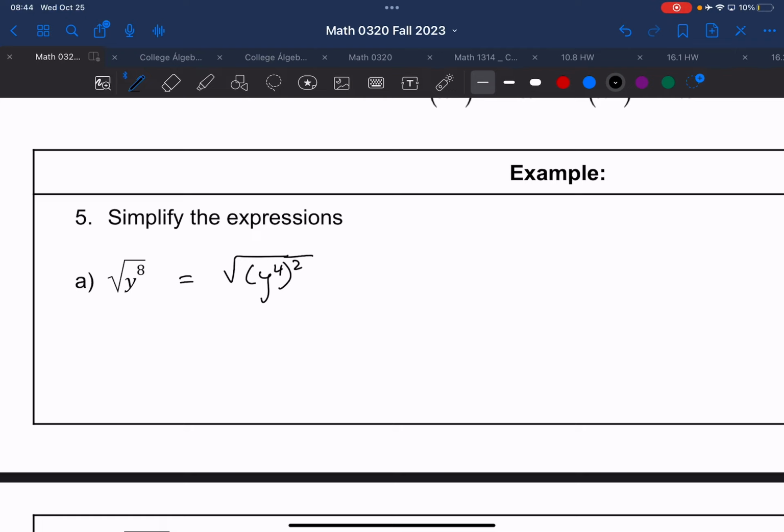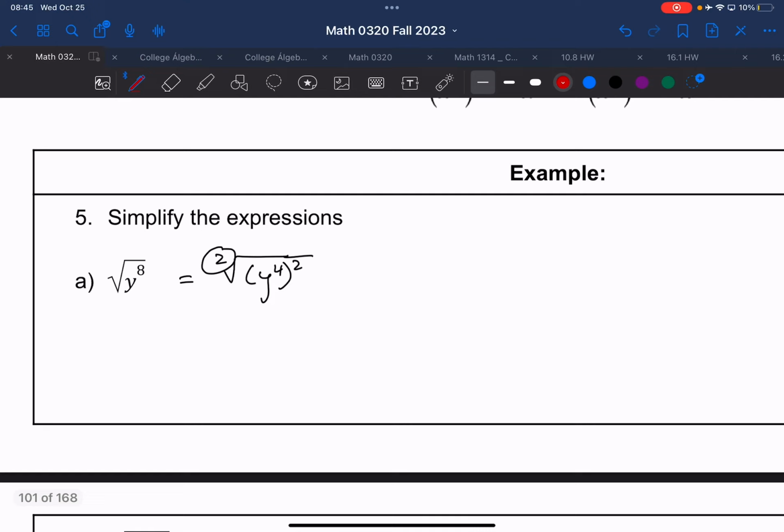The reason we're rewriting this is because we want to ultimately cancel that radical with the exponent. Since we don't see a number here, what number is there for the nth root? 2. Is 2 even or odd? Even, so are we going to have the absolute value? Yes. And does the nth root cancel with the exponent?